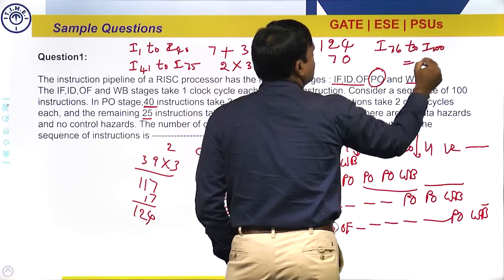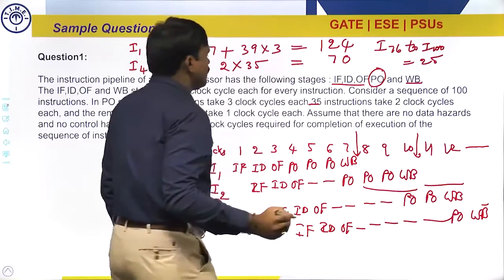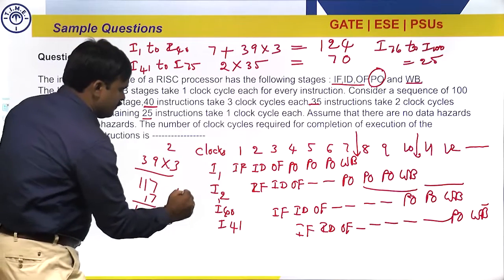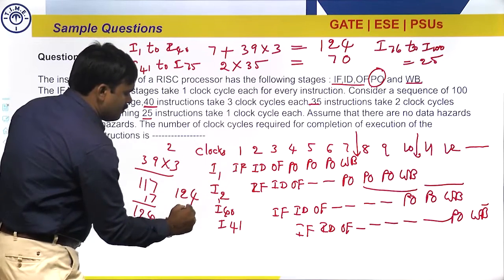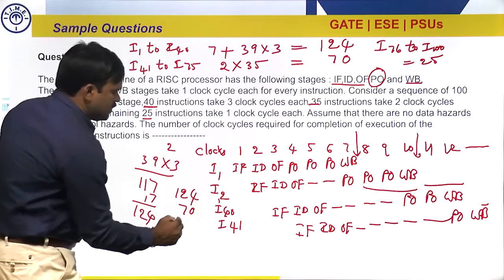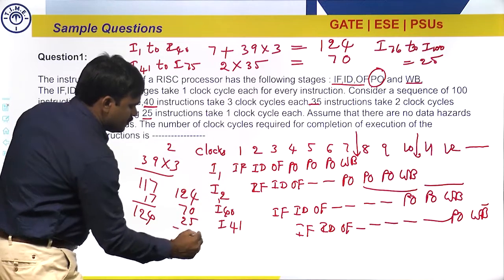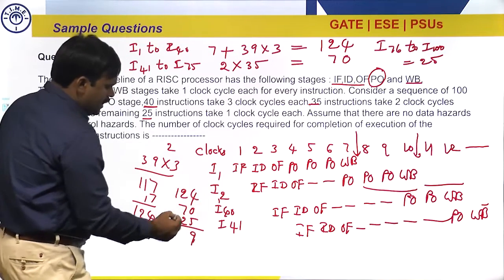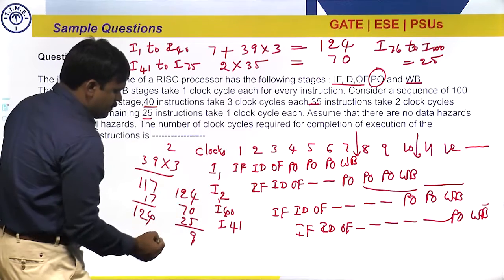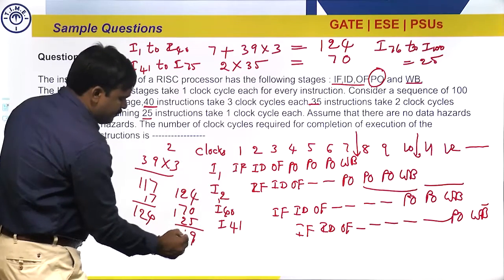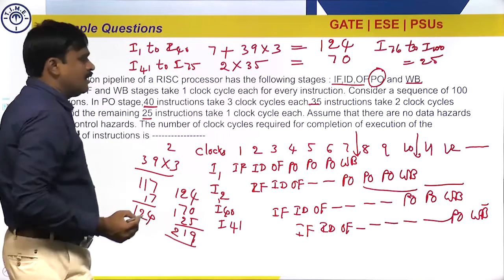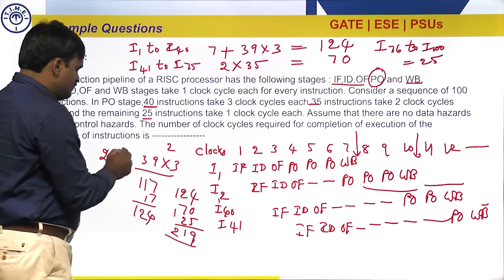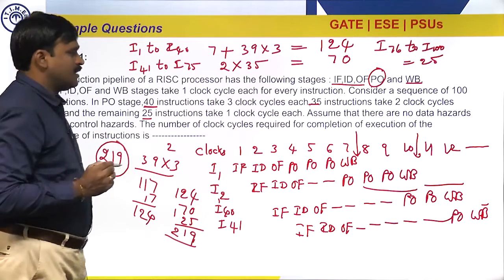So 124 plus 70 plus 25. 4 plus 0 plus 5 is 9, and 2 plus 7 plus 2 is 11, so 219. The total number of clock cycles taken will be 219. This will be the correct numerical answer.